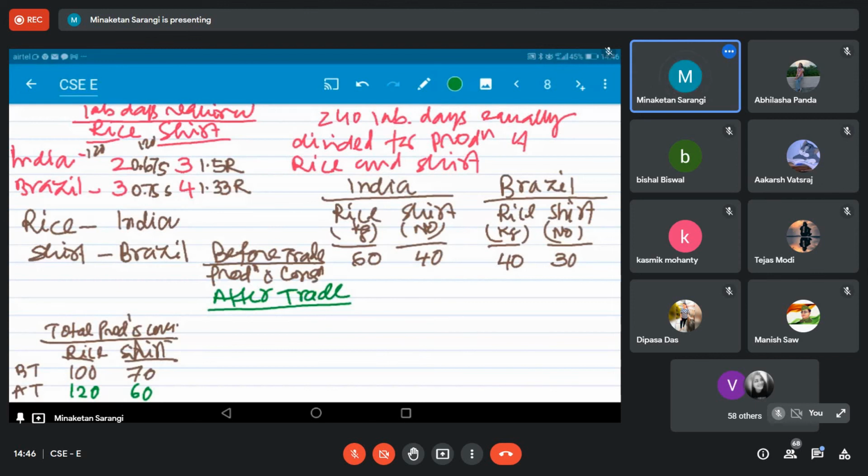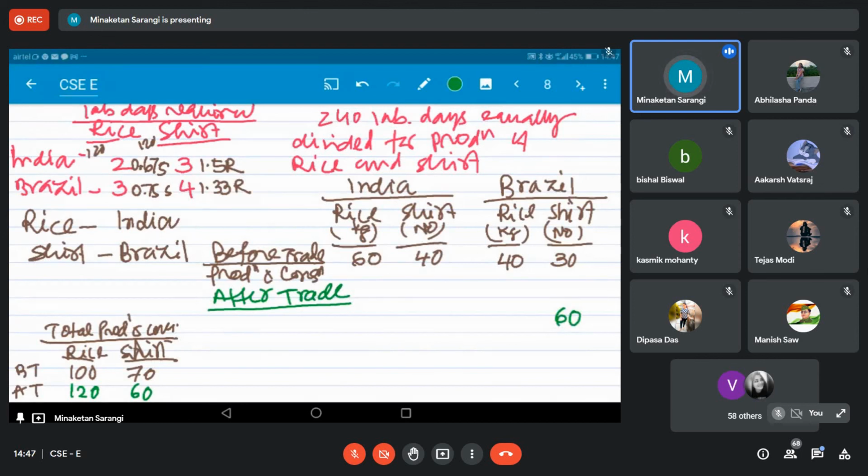So allowing Brazil to produce the commodity over which it has comparative advantage, that is sat. If Brazil will utilize all its resources for the production of sat, it will produce 60 sats.